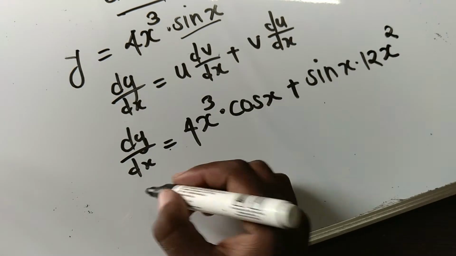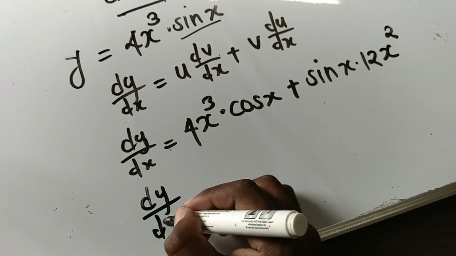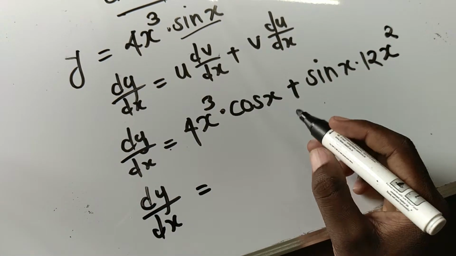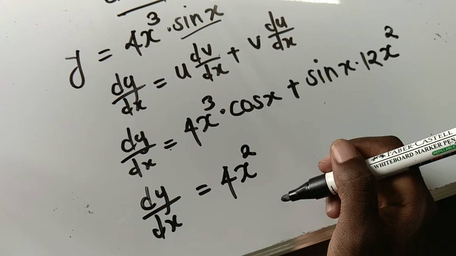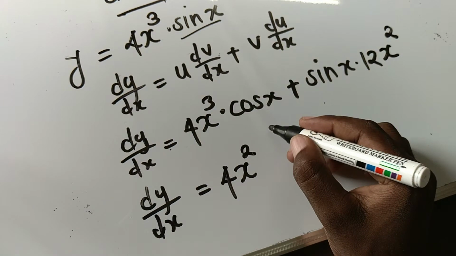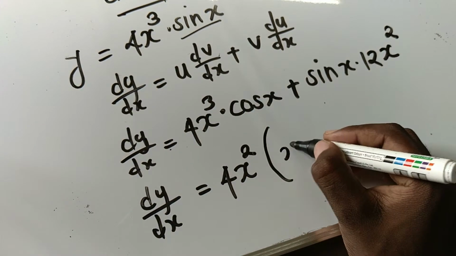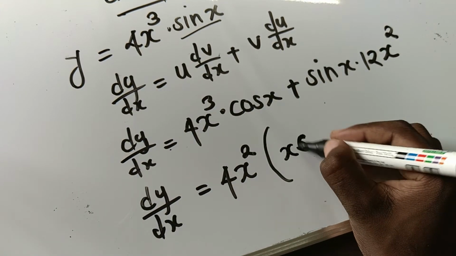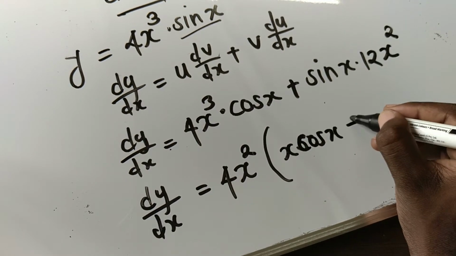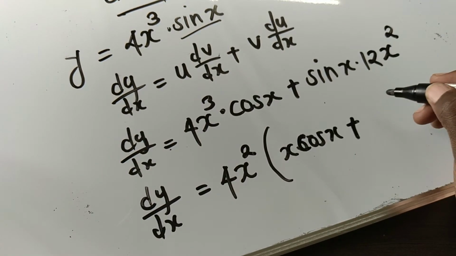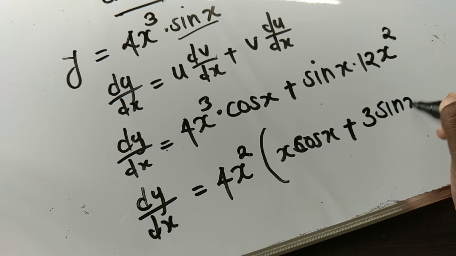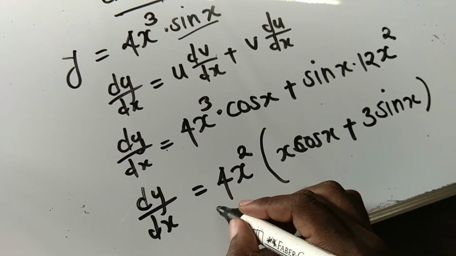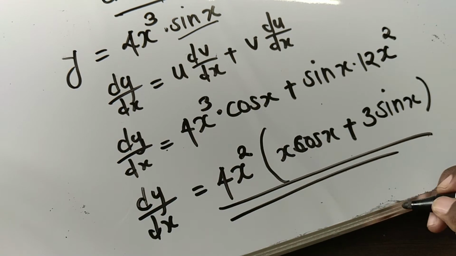We can write this in a compact form by factoring out 4x power 2. We'll have x cos x plus 3 sine x, and this is the solution to this problem.